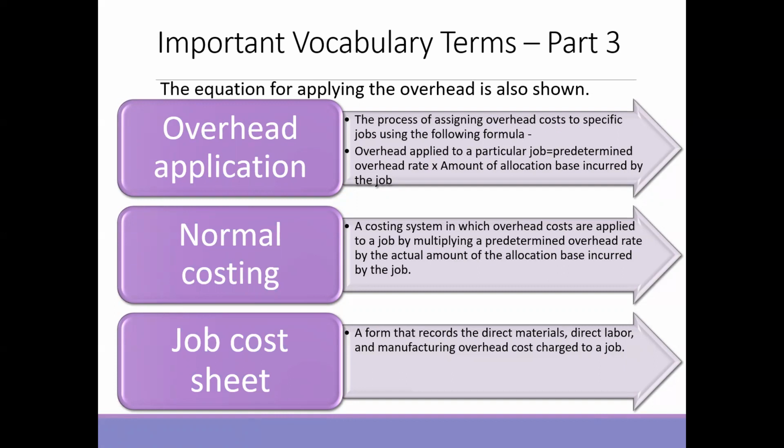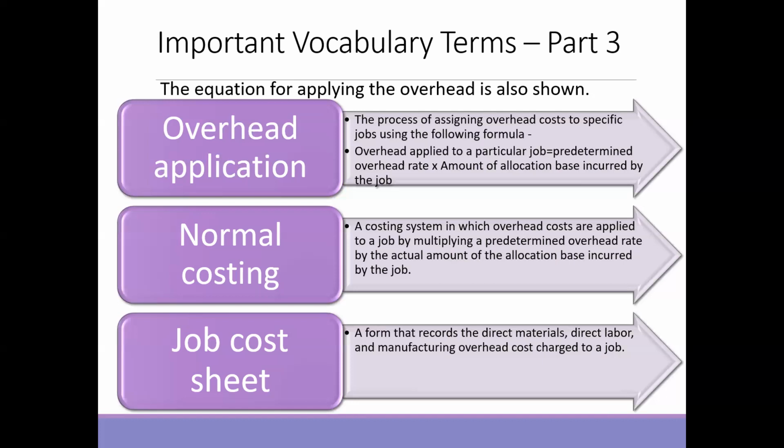Normal costing is a costing system in which overhead costs are applied to a job by multiplying a predetermined overhead rate by the actual amount of the allocation base incurred by a job.